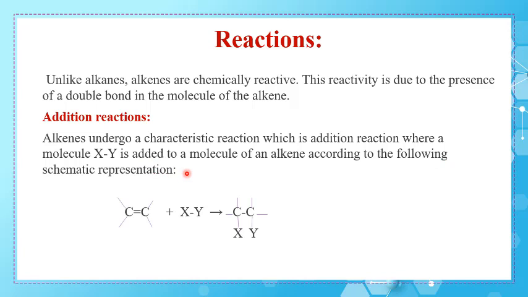Here we must pay attention that we must add XY on the double covalent bond, on the carbon atoms just next to the double covalent bond. So we must add X on the first carbon atom and Y on the second carbon atom, and we must break the double covalent bond so the double covalent bond becomes a single covalent bond.